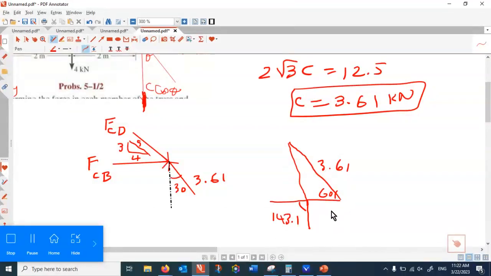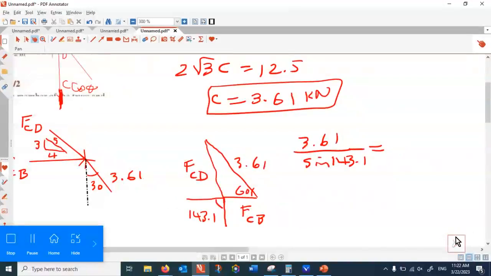And then this one is FCB, that one is FCD. So how can I solve that? By the method of triangle. So that is 3.61 divided by sine 143.1 is equal to FCD divided by sine 60.